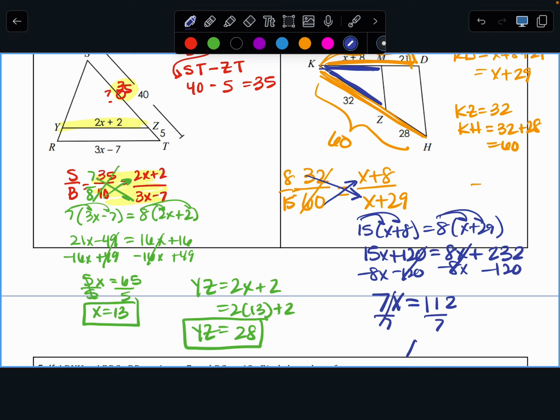Divide by 7, x is 16. And that's all you are asked to find.